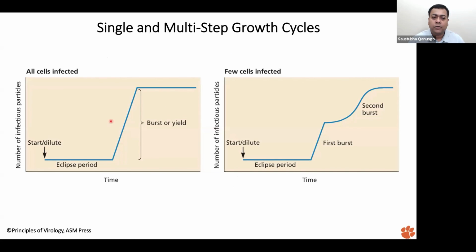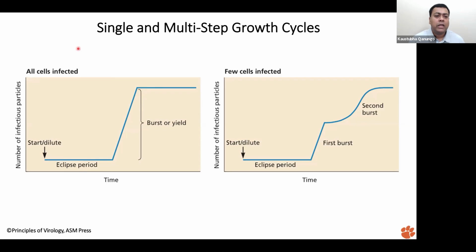And we already talked about why we see this eclipse period and the burst: the virus particles are not made from a preformed viral particle. Those components of the virus are being made, then assembled, and they come out after being assembled.